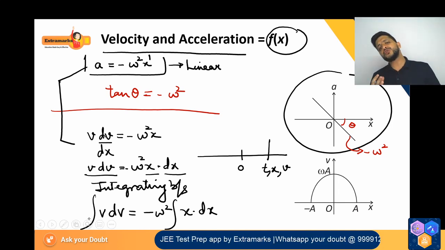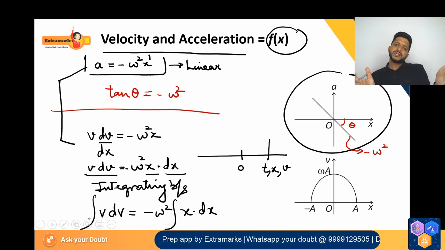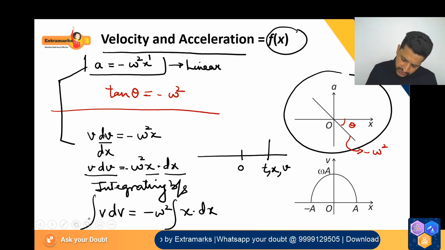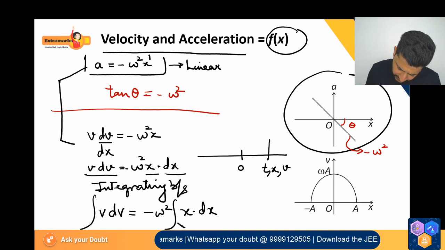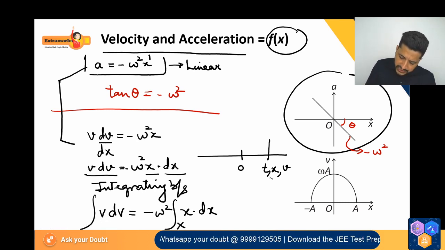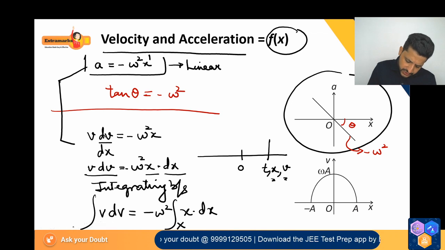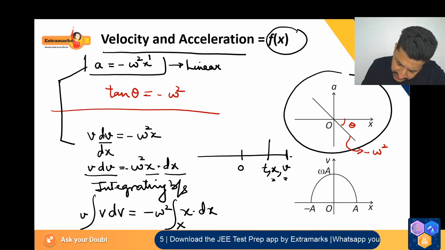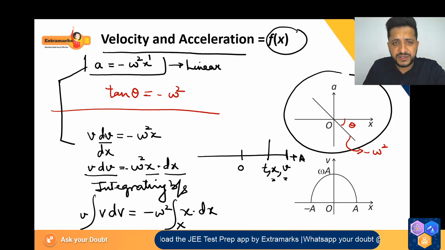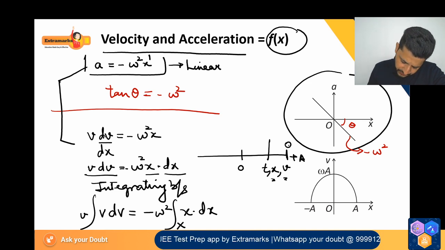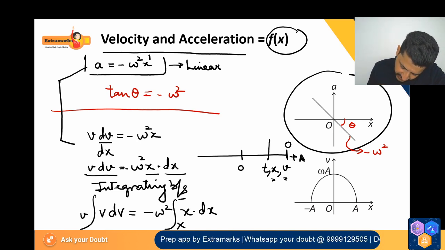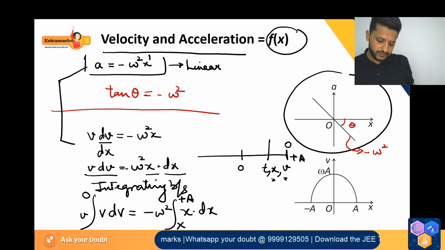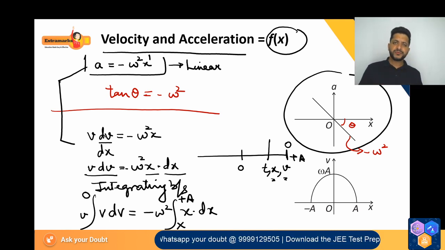Limits means just choose two boundary conditions within which you are integrating this expression. So I'll keep one lower limit as variable x, and for this x the value of velocity at this position is v, and for the upper limit, if I say plus a, at plus a extreme position, the value of velocity is how much, beta? 0. So when x becomes plus a, the value of velocity becomes how much? 0. Is it clear?